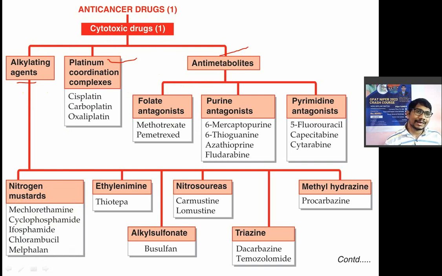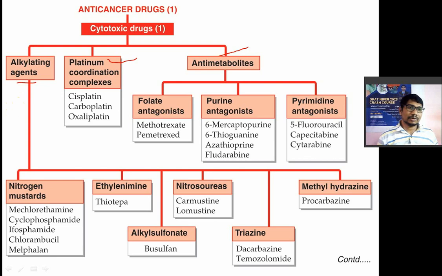So first class, alkylating agents. What will alkylating agents do? Alkylating agents will cause alkylation of different nucleosides of RNA and DNA. In DNA you have nucleosides. Alkylating agents will cause alkylation, methylation and ethylation by generating free radicals, and that free radical will combine with a particular base pair in the DNA and cause dimerization and disturbance in the structure of DNA.